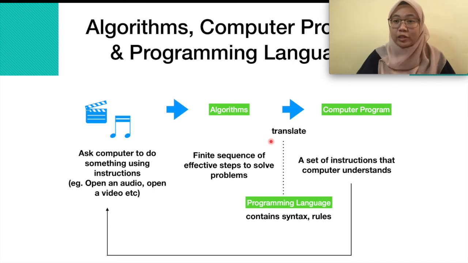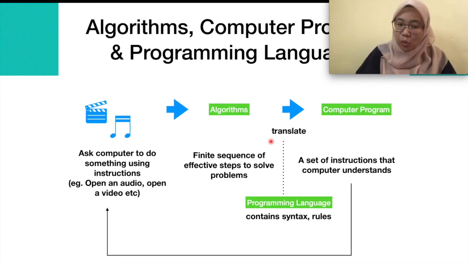I just write the sequence of steps that a computer needs to do. That is called an algorithm. It consists of effective steps that a computer has to follow in sequence. Now, that is in our native language, not even in a language that a computer can understand.